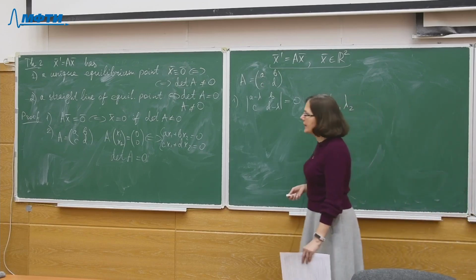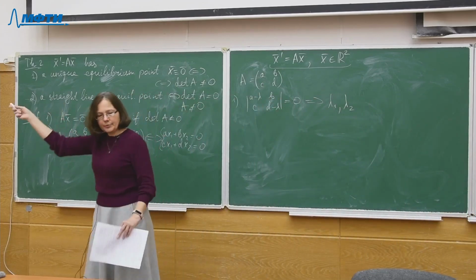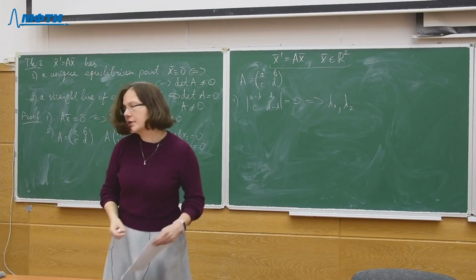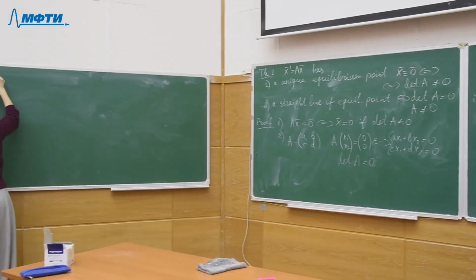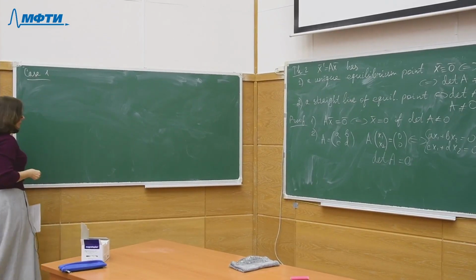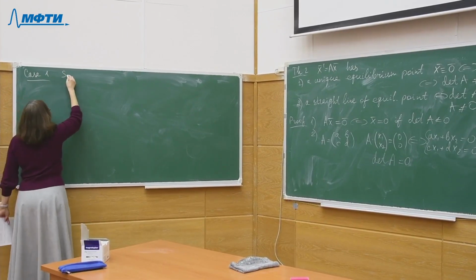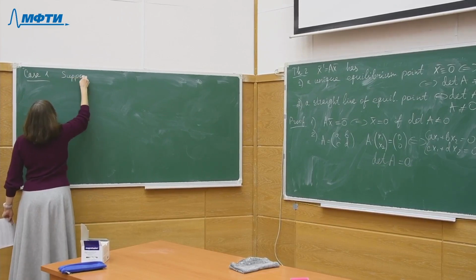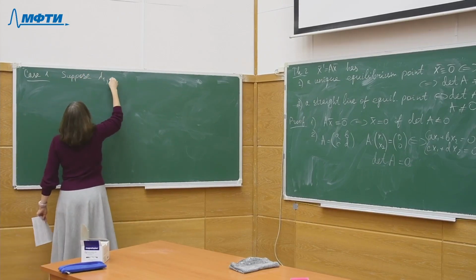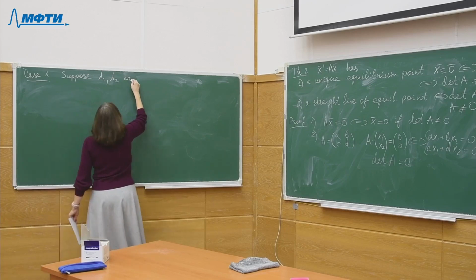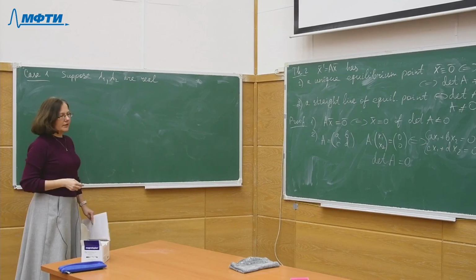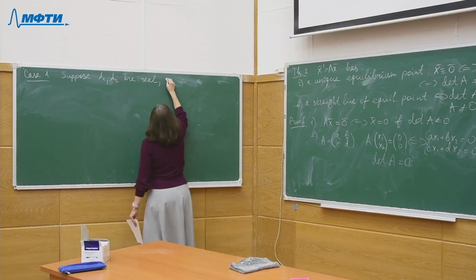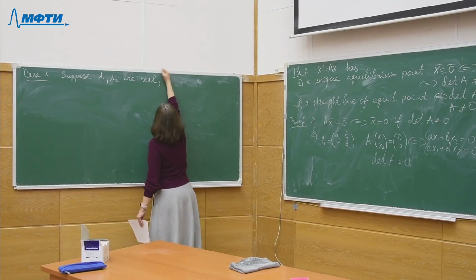The first case, case number 1: suppose lambda 1 and lambda 2 are real, different, and have the same signs.